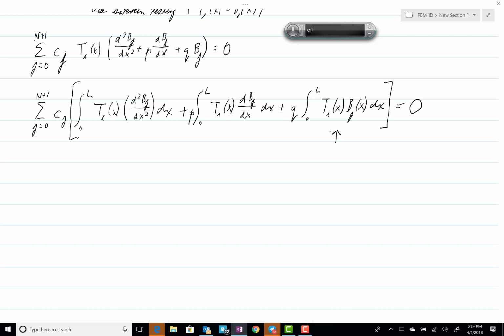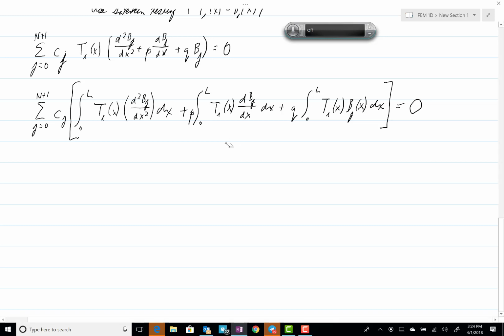And likewise, now when we look at the middle integral, that would be even easier to integrate because db_j dx, since b_j is linear, would just be a constant, so that will be easy to integrate.